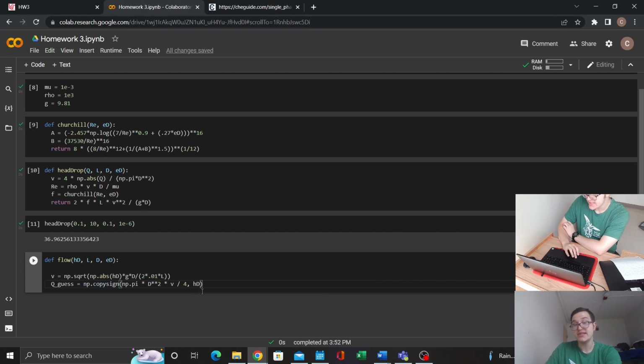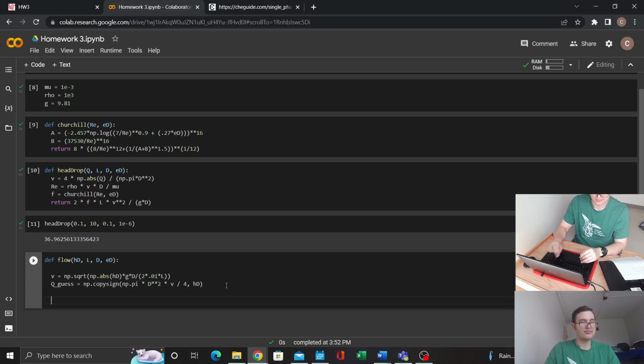So if head drop is negative, HD is negative, then our flow guess is negative as well. That doesn't matter in part one, because we should not be getting negative head drops. However, if we go further and make a network flow code in order to find the flow through all of the pipes in that diagram below, then this absolutely would matter.